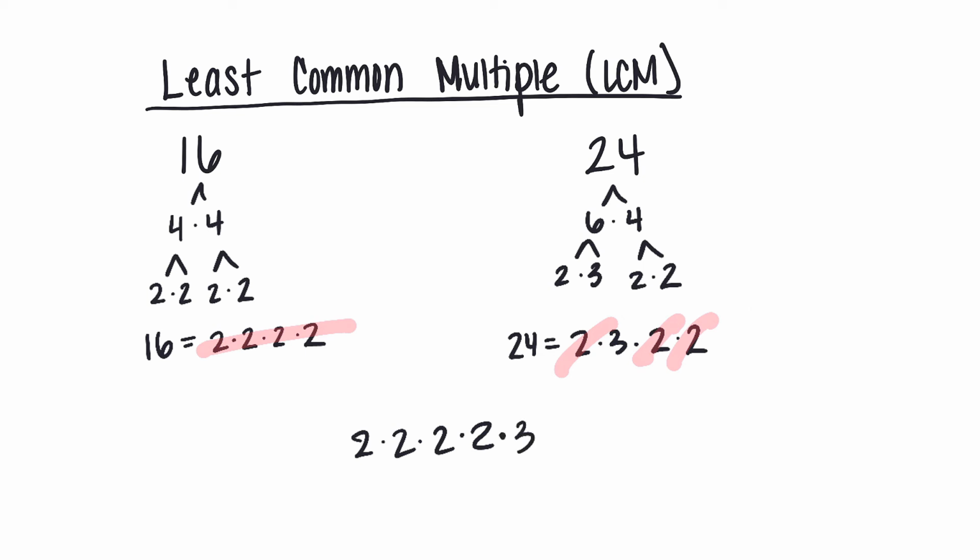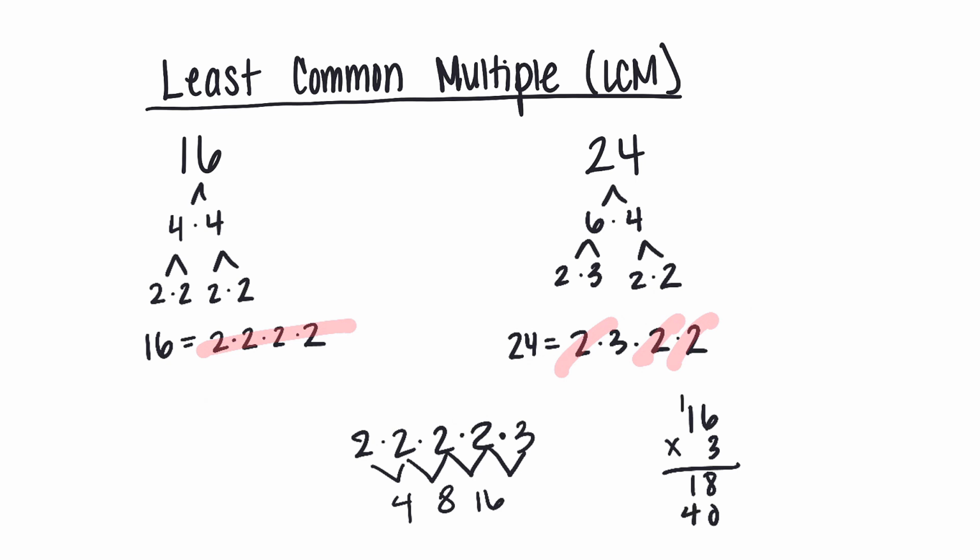So now we can just go ahead and multiply. 2 times 2 is 4. 4 times 2 is 8. 8 times 2 is 16. And 16 times 3. If you cannot do that in your head, do not ever feel ashamed to write it down.